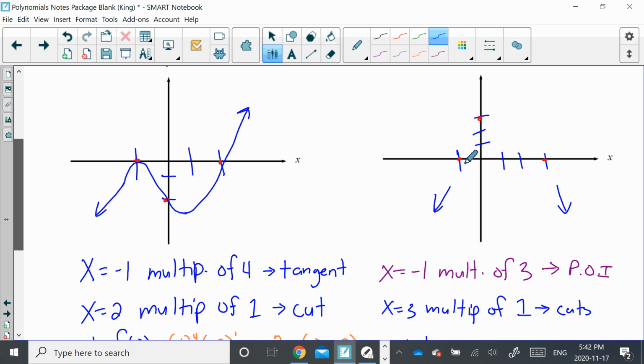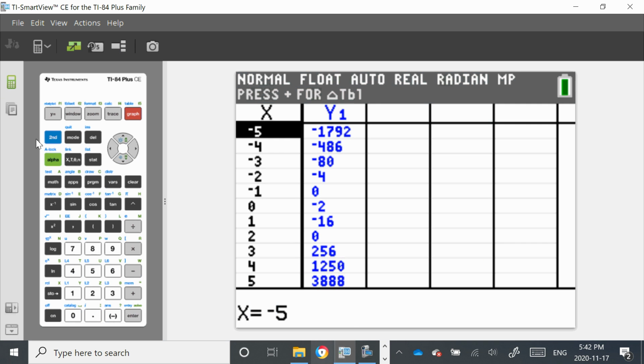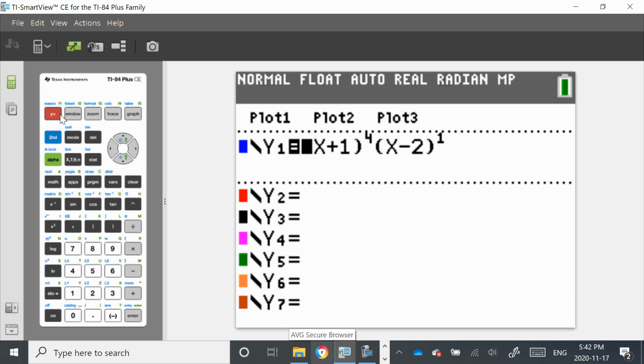So instead of just drawing it, let's look at the actual picture of the graph. So we have negative. The first factor is x plus 1 cubed. And the second factor was x minus 3.